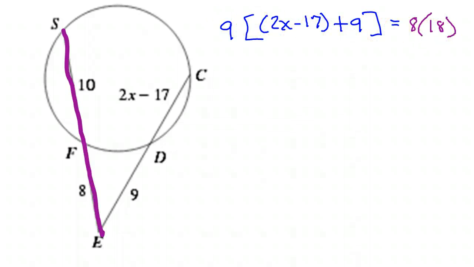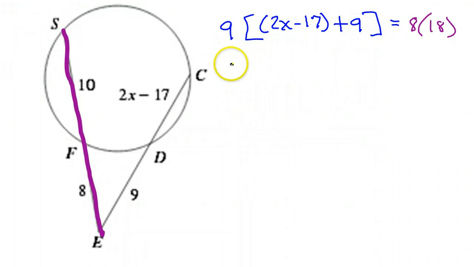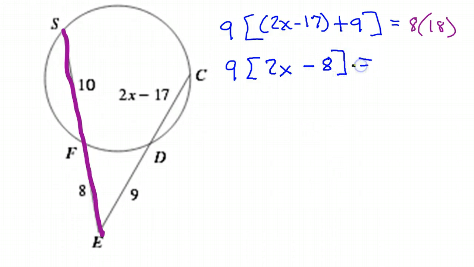So we just have to solve this. Let's combine like terms in here. So I have 9, and then I have 2x minus 8, I believe. Yeah, and this is 144.